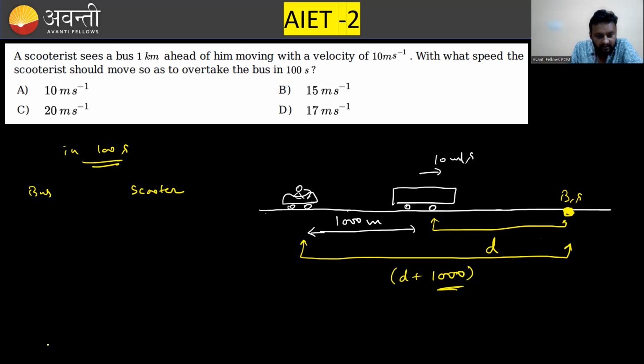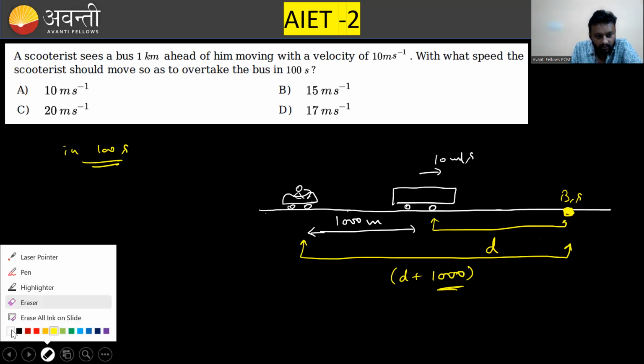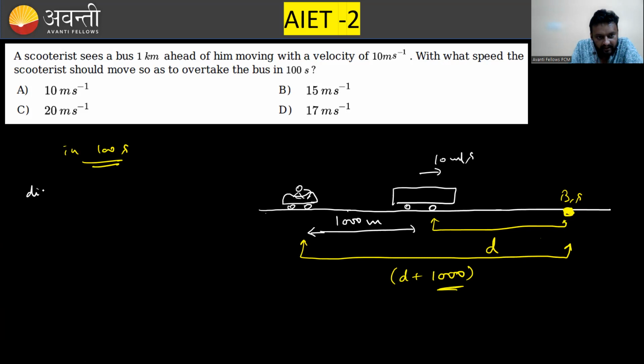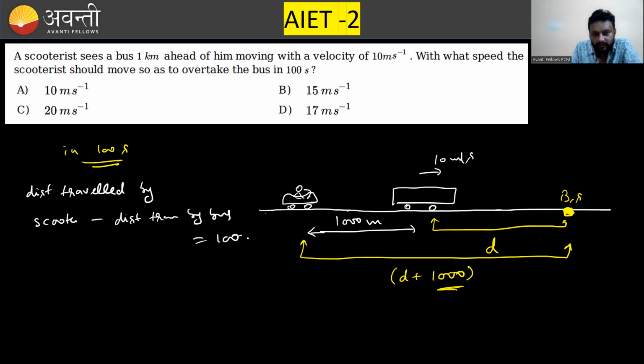Or I will say, distance traveled by scooter minus distance traveled by bus is equal to 1000 meter.